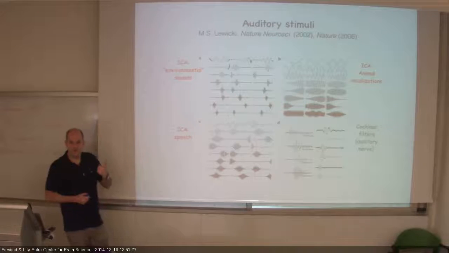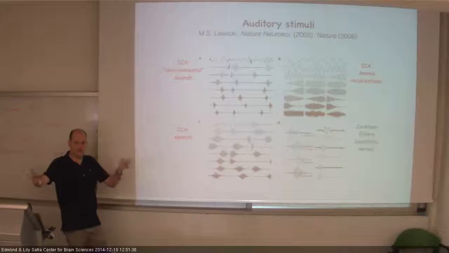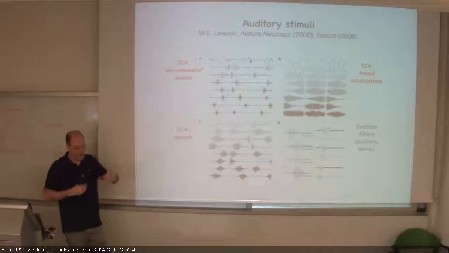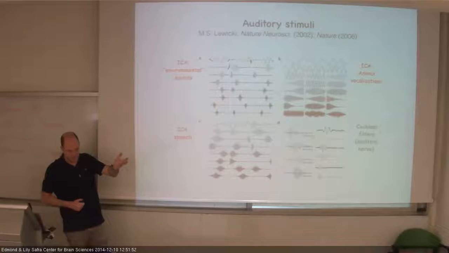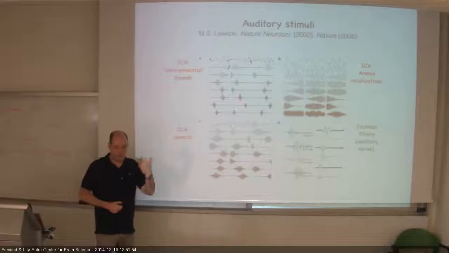Another sensory area where this would seem to be the most natural thing to do is olfaction, because in olfaction, we indeed have sources which are odors, and the way we sense them is by the way that they stimulate the different olfactory receptor types.